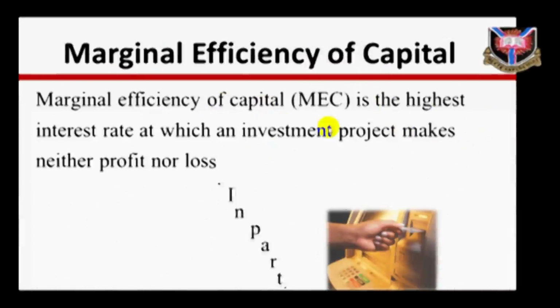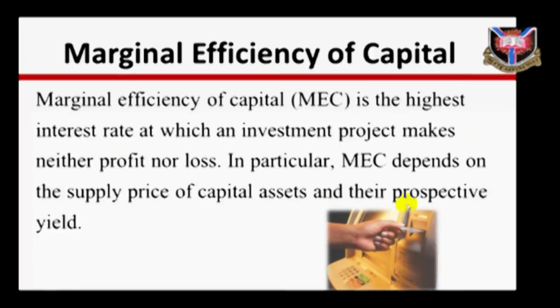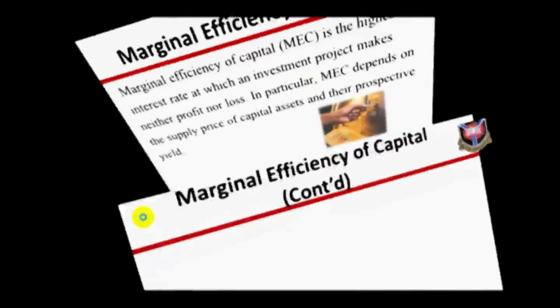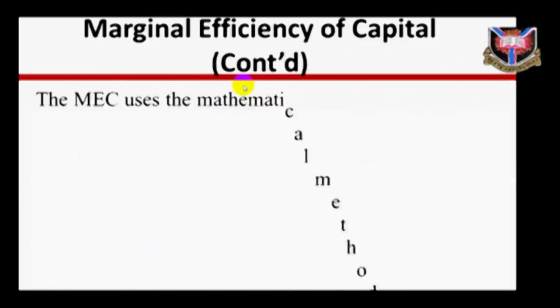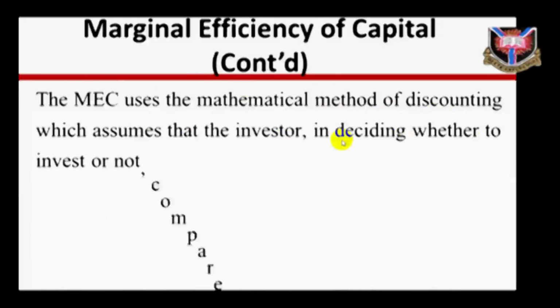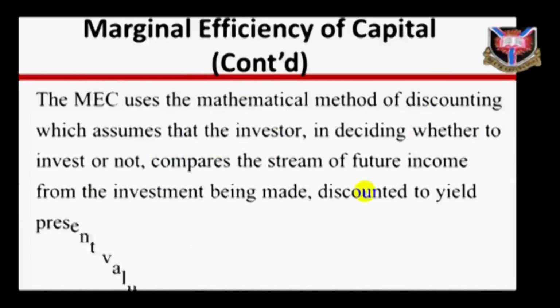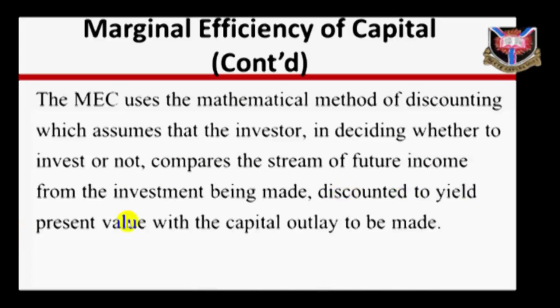The MEC uses a mathematical method of discounting. The discounting assumes that the investor, in deciding whether to invest or not, compares the stream of future income from the investment being made, discounted to yield present value, with the capital outlay to be made.